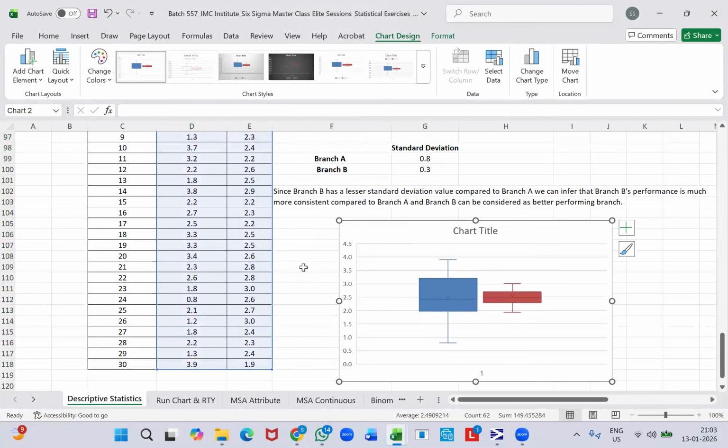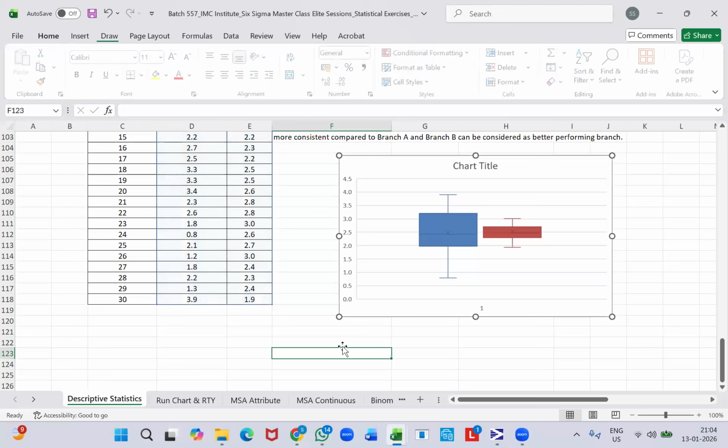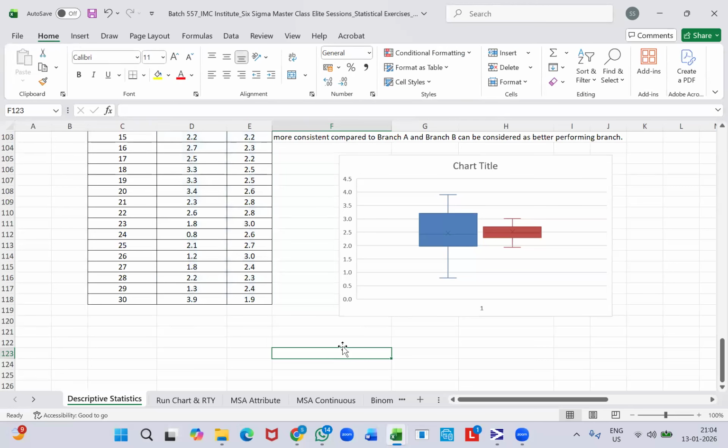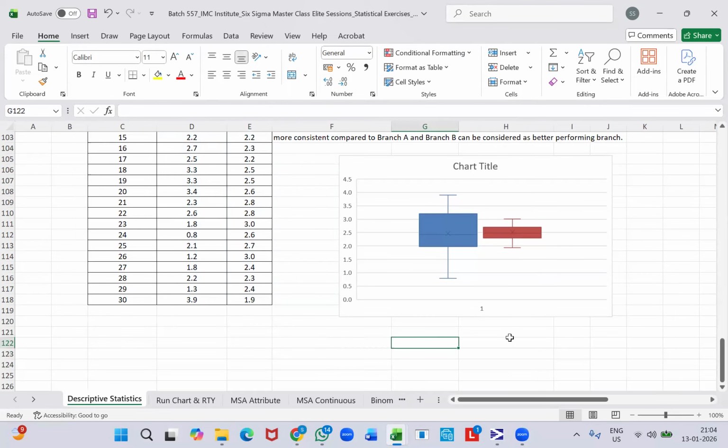So you can see two box whisker plots placed side by side. The blue color one pertains to branch A and the red color one pertains to branch B. So blue is branch A and the red color one is branch B.